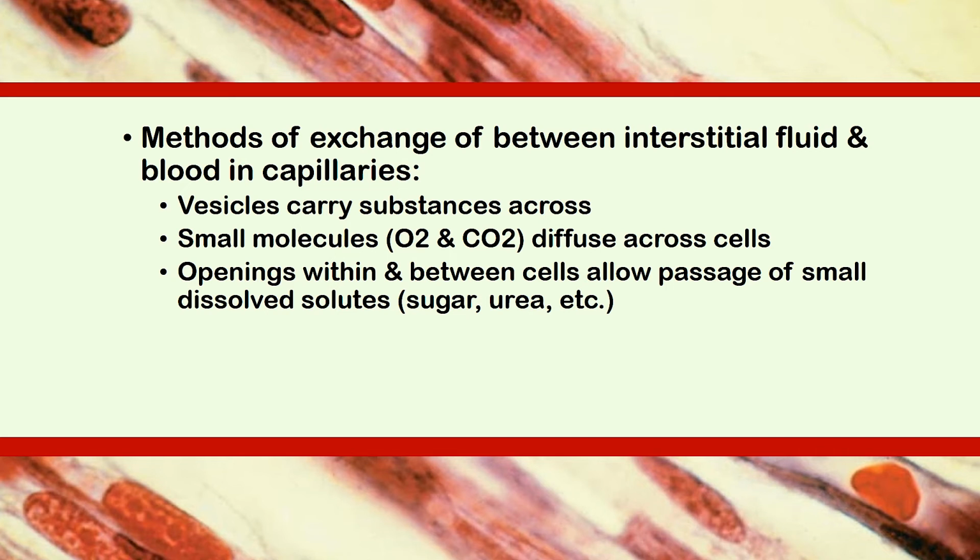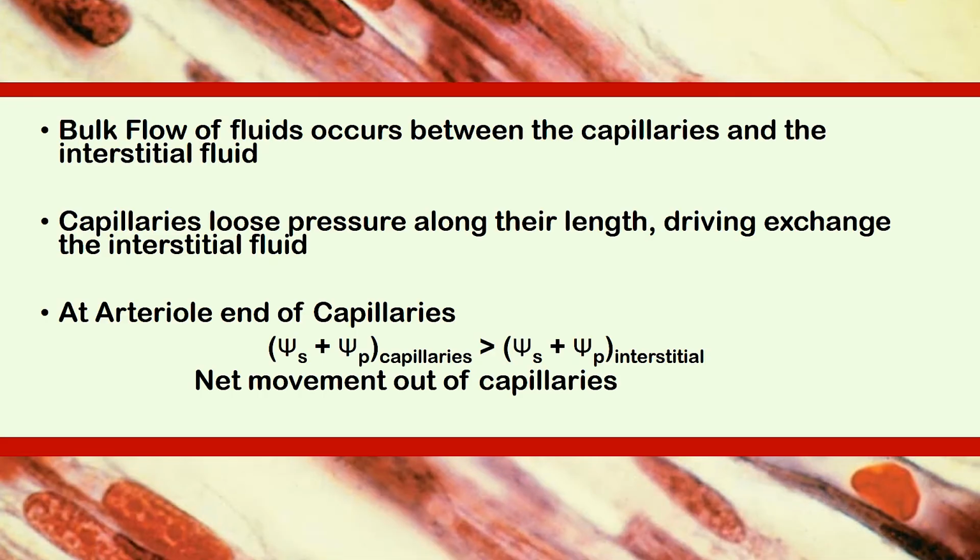In addition, you have what's referred to as a bulk flow of fluids between the capillaries and the interstitial fluid. This bulk flow of fluid will be driven by differences in blood pressure from the arterial end of the capillary bed to the venular end of the capillary bed.